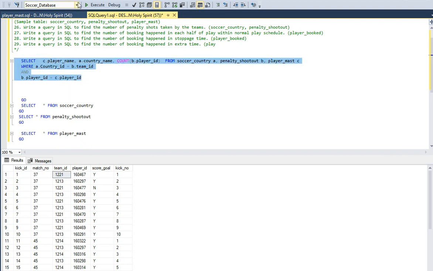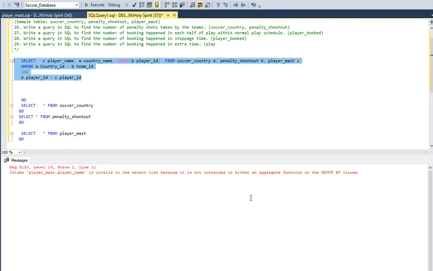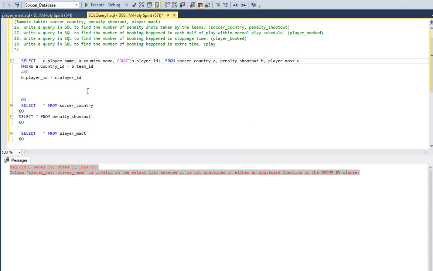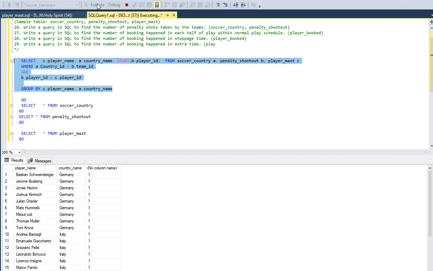Let's see, where does it go? Group by clause. Because we are counting, they should be in group, the rest, these 2 columns. Group by, Control V, execute.